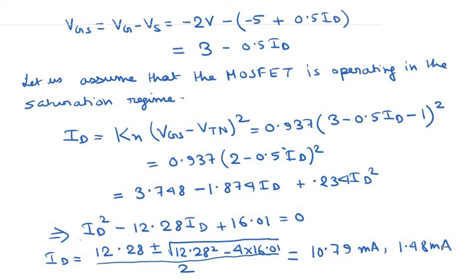Now like before, we have to check which one is the physically possible solution. These two are mathematically valid solutions, but we have to check which one is the physical solution. So we have ID equal to 10.79 milliamperes and 1.48 milliamperes.